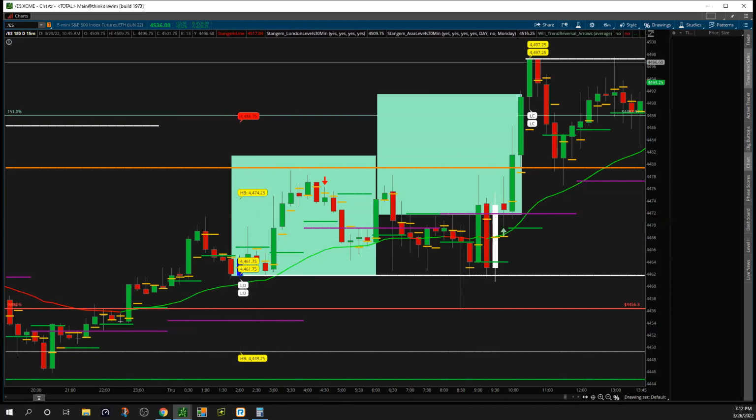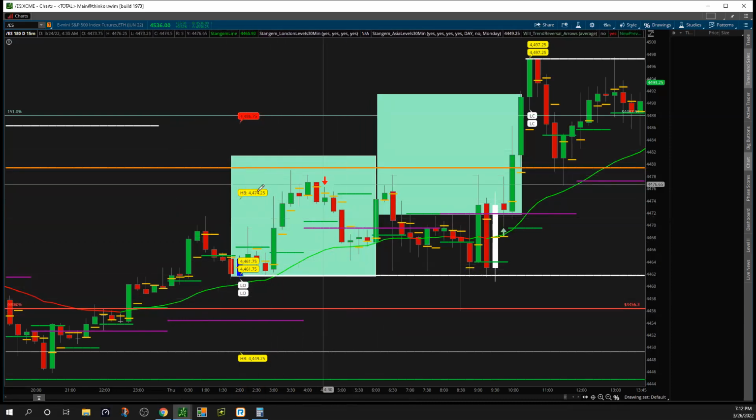I like what you said the other day, Laura. You said that you was keying on the Stangem line when you took your trade. I think that was after a London close trade that you did. So you could use that same scenario here because if our trend is up into this block, we got green Stangem line all the way through this block right here.